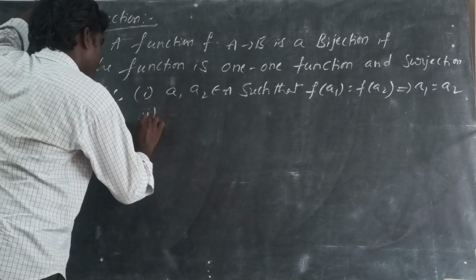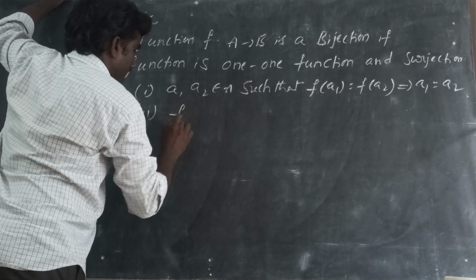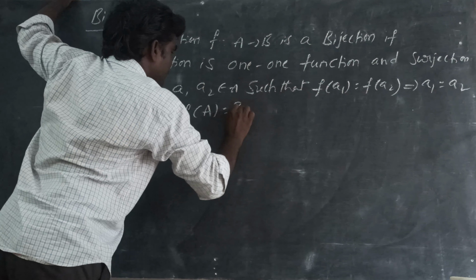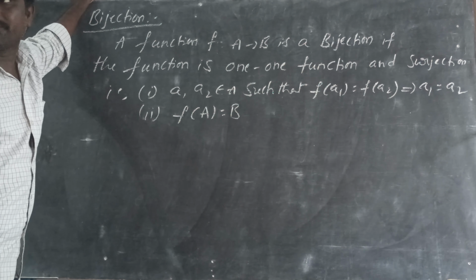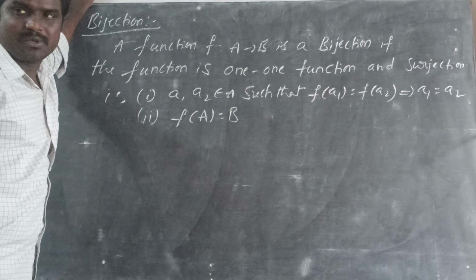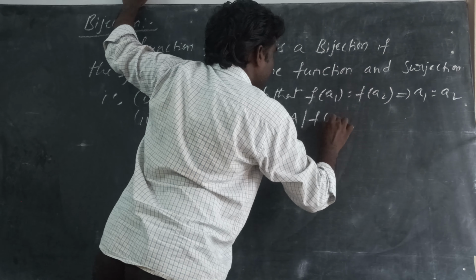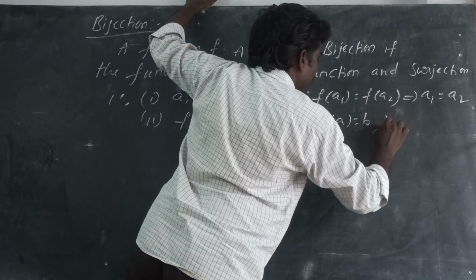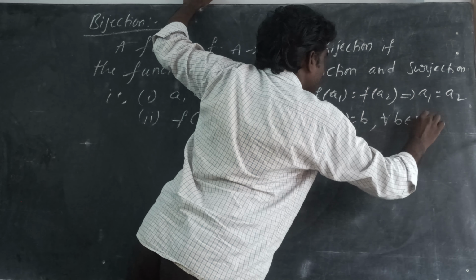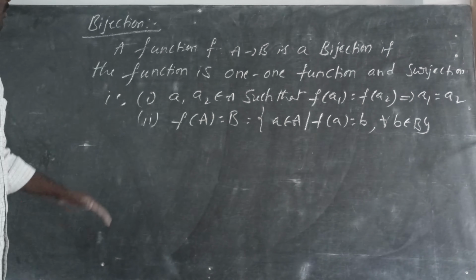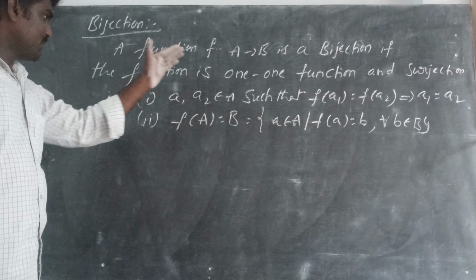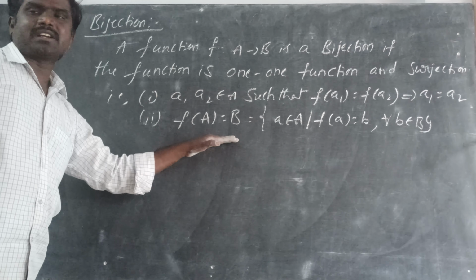Next, second one, f of capital A is equal to capital B. So for a belongs to A such that f of a is equal to b for all b belonging to capital B. So a function is a bijection if it is both a one-to-one function and an onto function.